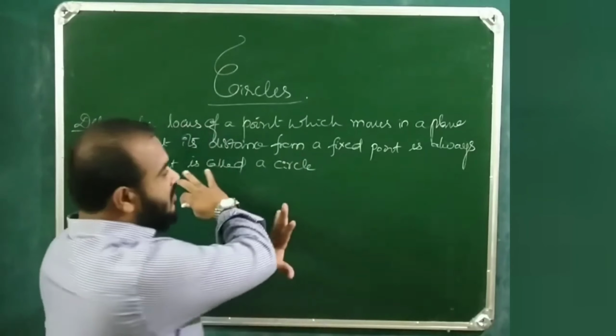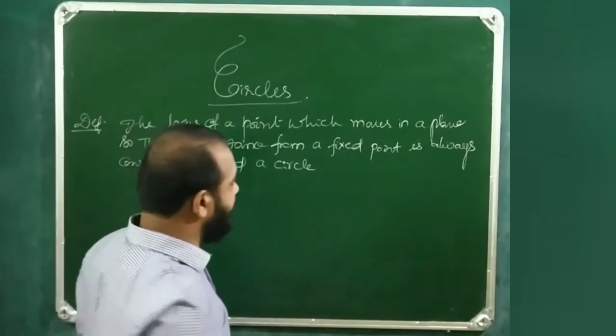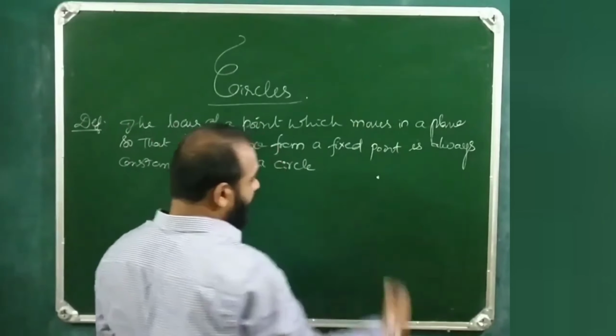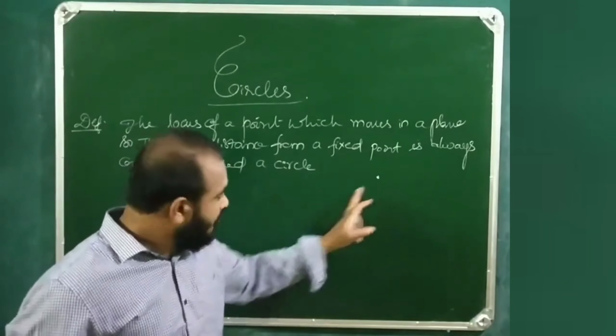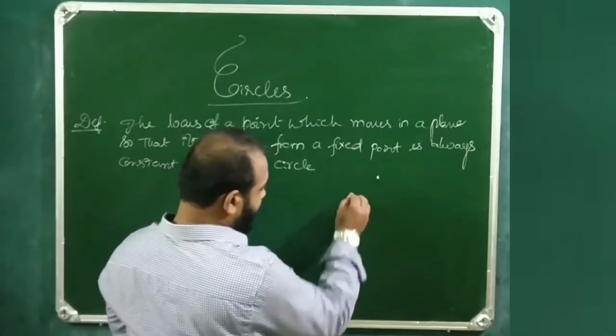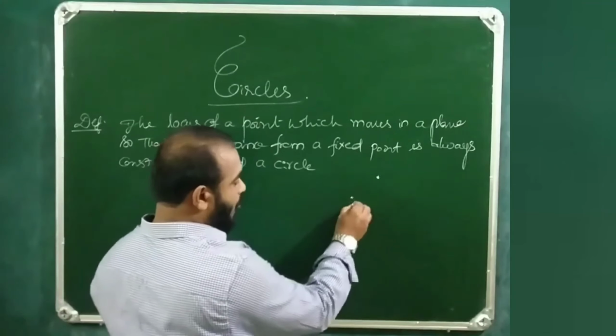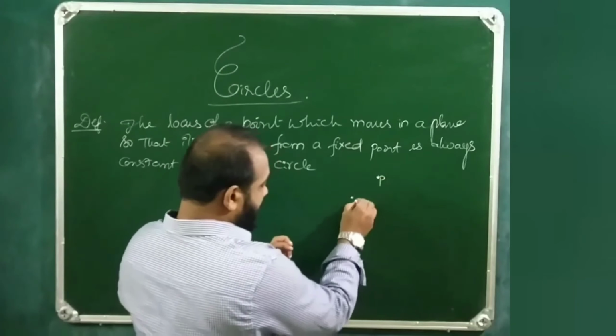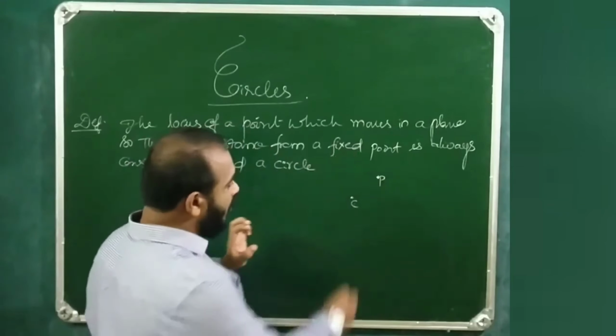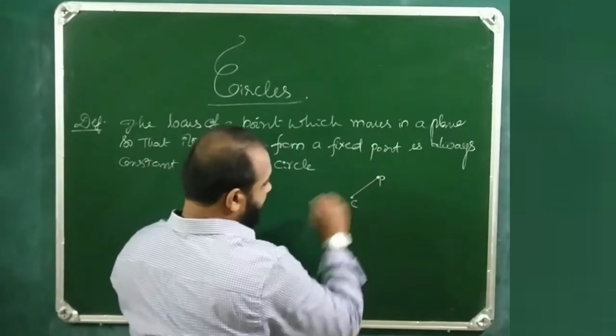So let us consider that this is a plane. Let this be a point whose distance from a fixed point. Let this be the fixed point. So this distance is always constant.